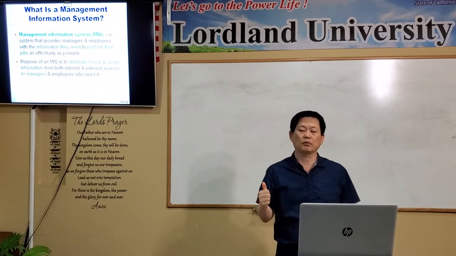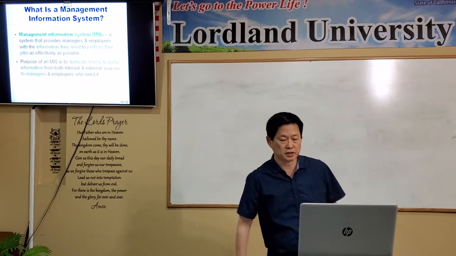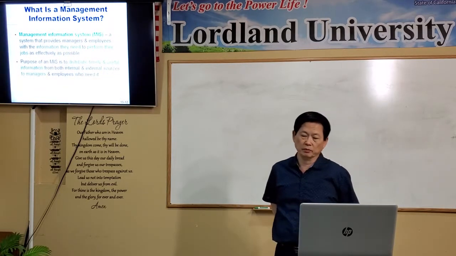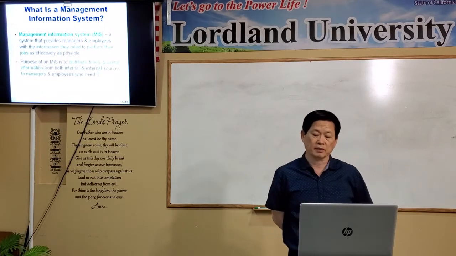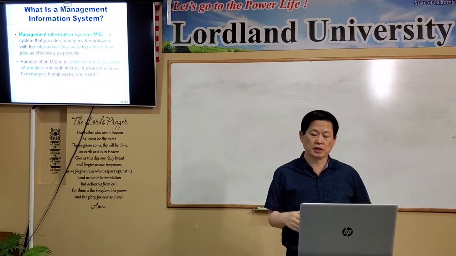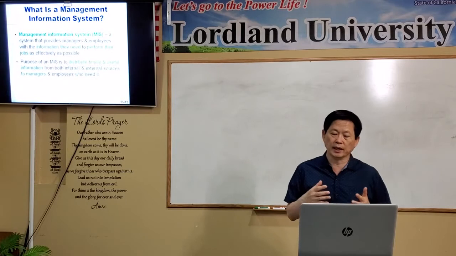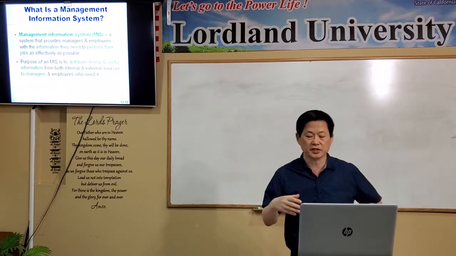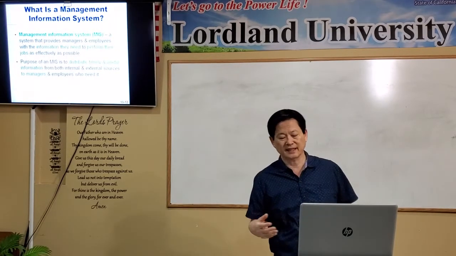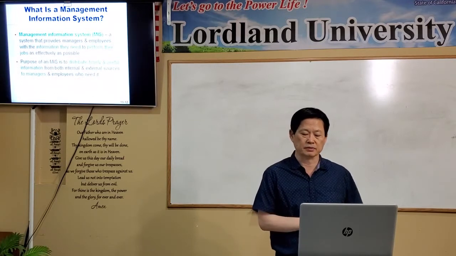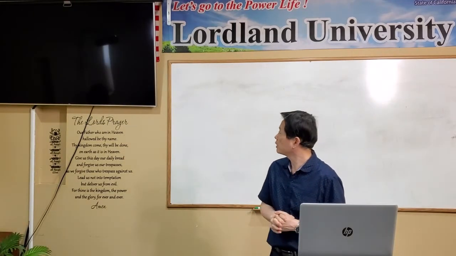What is the information system? Management information system. A management information system is a system that provides managers and employees with the information the workers need to perform their jobs as effectively as possible.